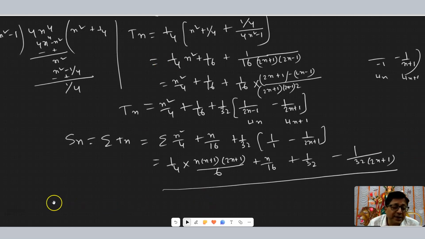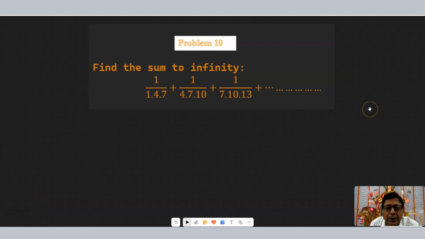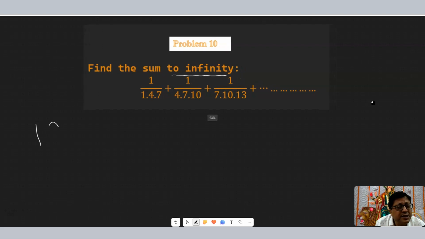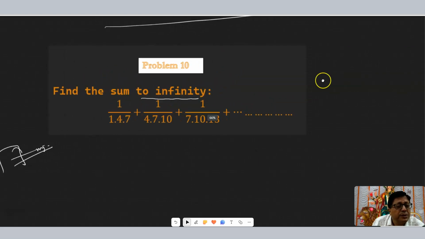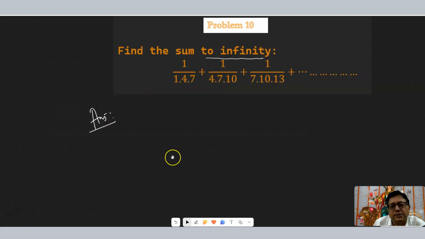Okay, sum up to n terms is done. Why have I chosen this sum? One similar problem. It is because of this statement, sum up to infinity. Okay, this is a telescoping series, and you know how to simplify the nth term.